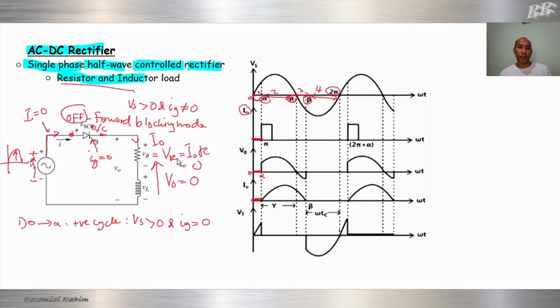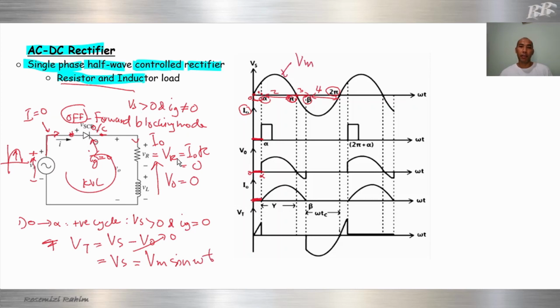Then how about the thyristor voltage? We're using KVL here. KVL: V thyristor equal to Vs minus V out. V out equal to 0. So V thyristor equal to Vs equal to Vm sine omega t. Our waveform is Vm sine omega t.